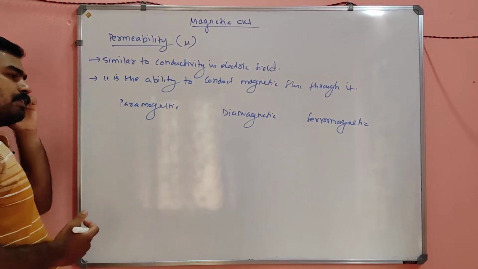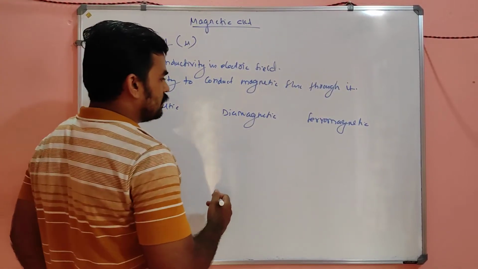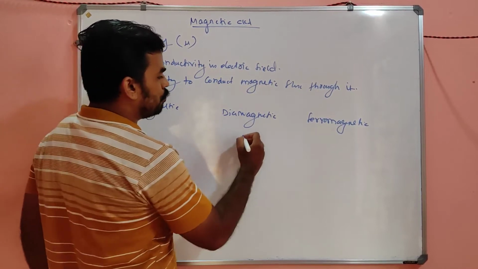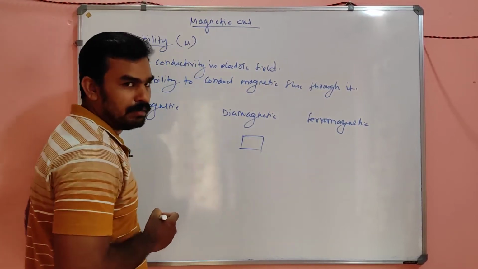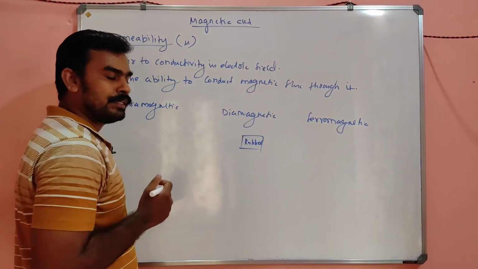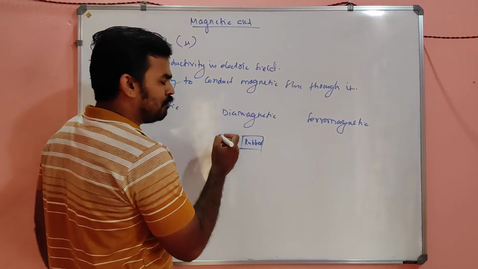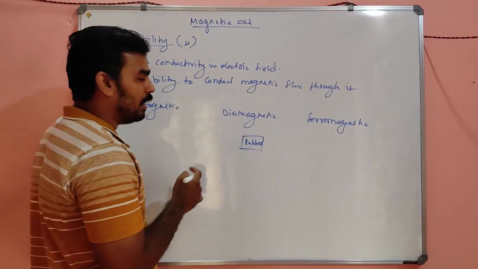First of all, we will start with diamagnetic. Suppose you place a material like rubber in a magnetic field. It will not conduct any magnetic lines of force, or only very feeble lines of force will be carried.